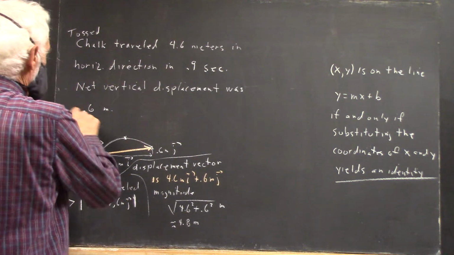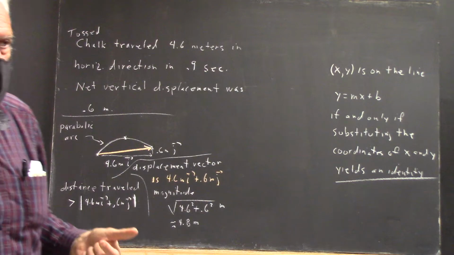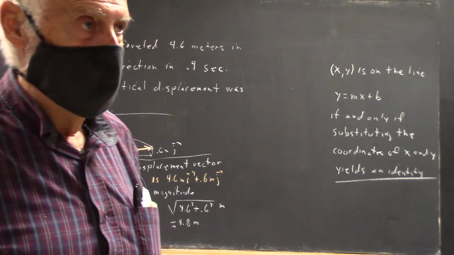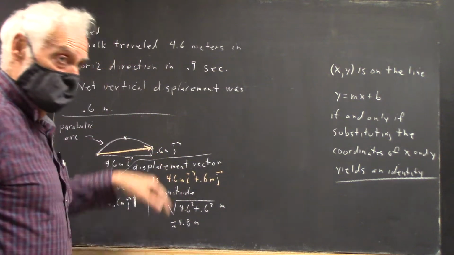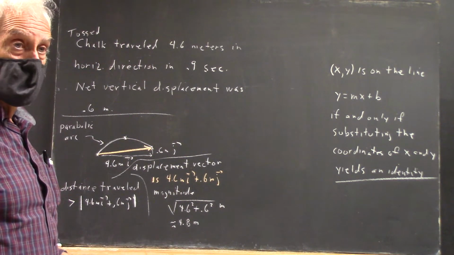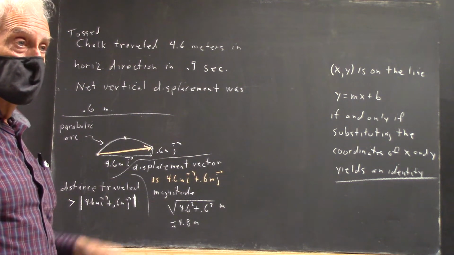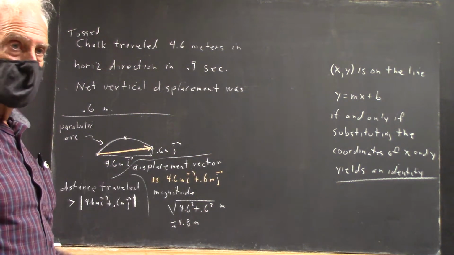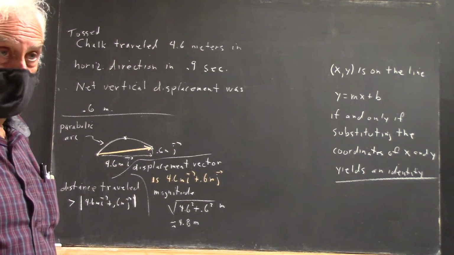Now, I say this is a parabolic arc. If we did careful measurements with the best instruments we can come up with in this lab, we could not tell that it is not a parabolic arc. But I know it's not quite a parabolic arc because there's air resistance involved that affects the equations of motion in the vertical and horizontal direction a tiny bit, okay?